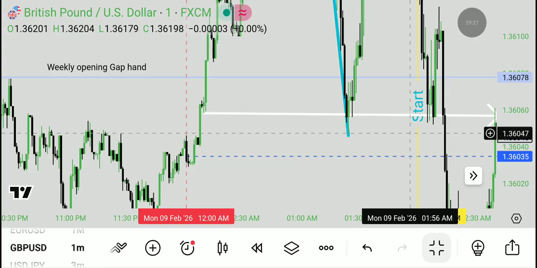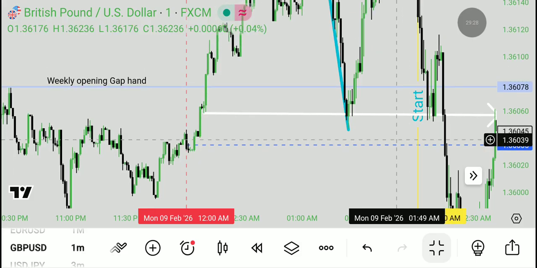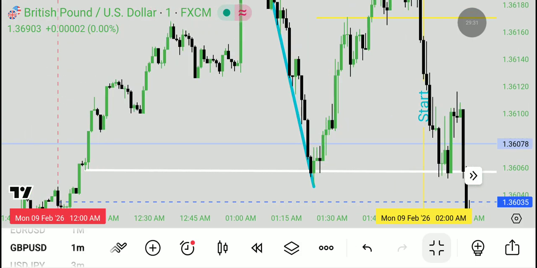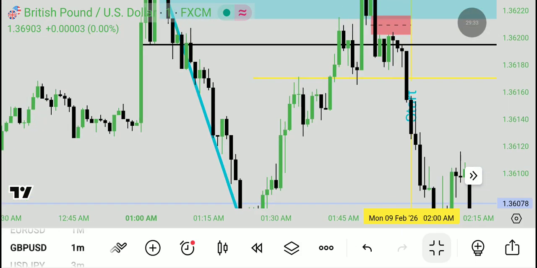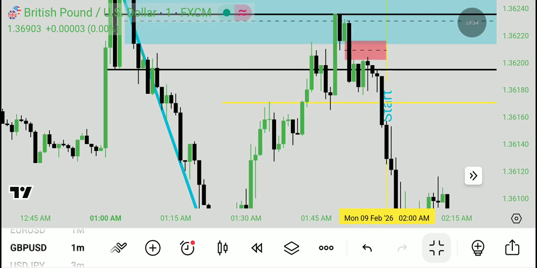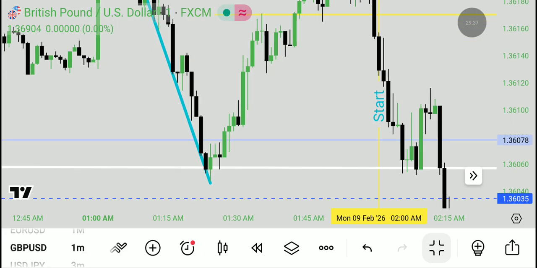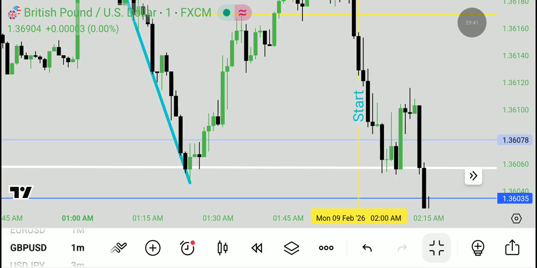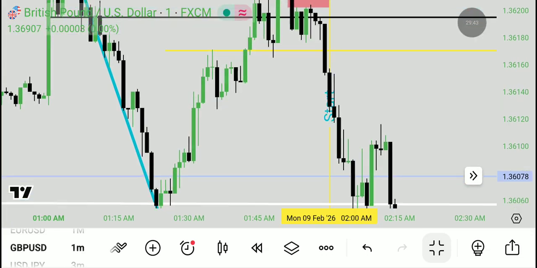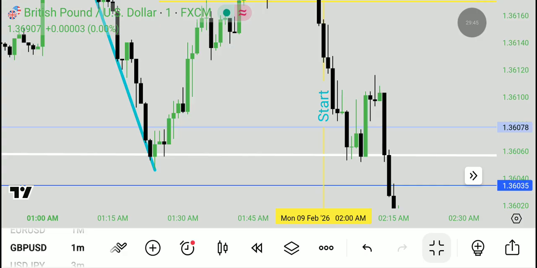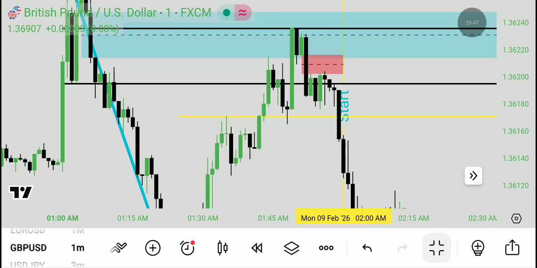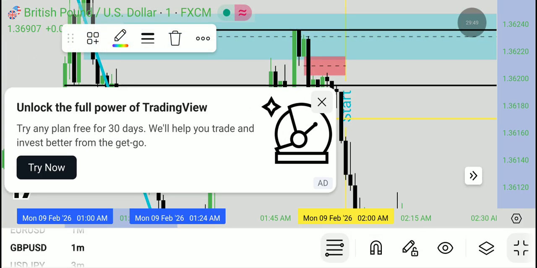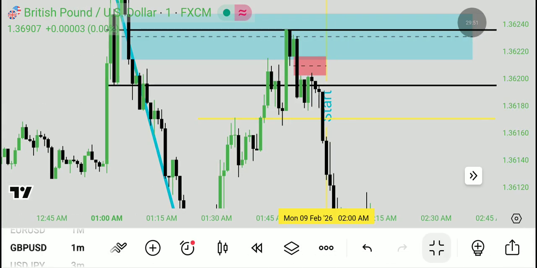I always show you guys how it is. You can see from there to here, which is the midnight opening gap, the market comes direct. How many times have I taught you this? How many times do you want me to teach you this before you learn it?